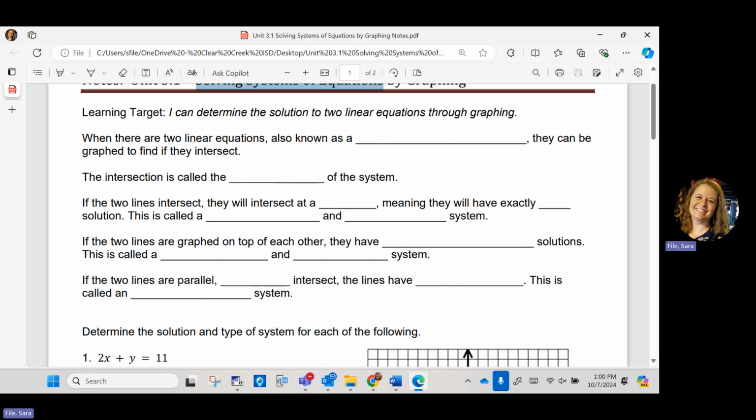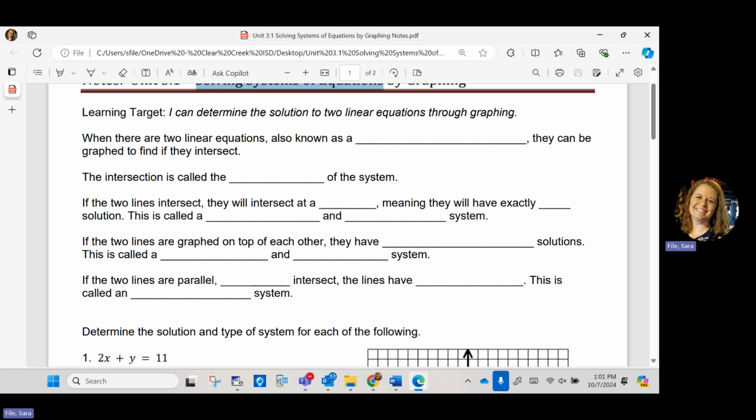All right, so we're going to fill in these blanks and talk about the different types of systems there are, and how you can tell which type of system you have in your problem. So first of all, what is a system?